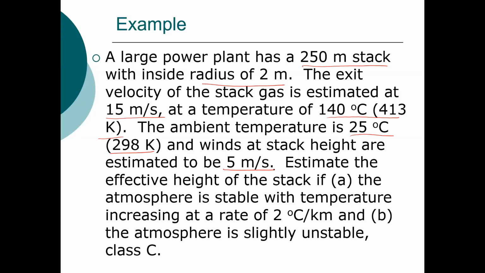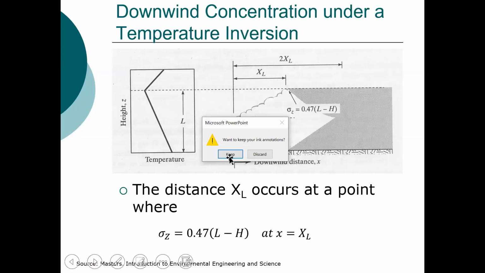And you're asked to determine the effective height of the stack, one, if the temperature is stable, with a temperature increasing at a rate of 2 degrees C per kilometer, and two, if the atmosphere is slightly unstable at class C. Okay, so let's look at the parameters that we have. H is equal to 250 meters, the height of our stack. The inside radius is 2 meters.